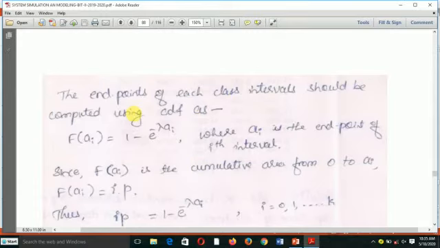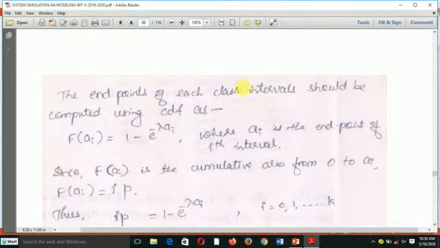Each class interval must have a beginning point and an end point, and some values of the distribution will occur in between them.